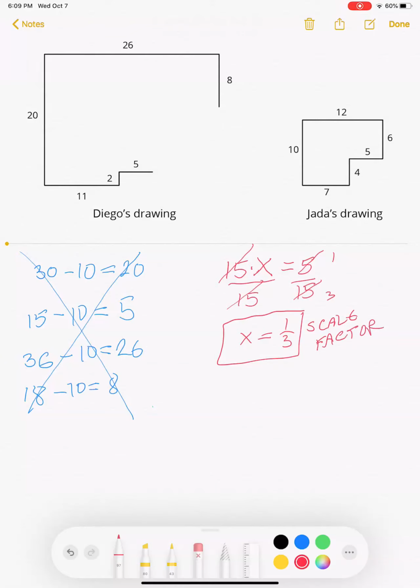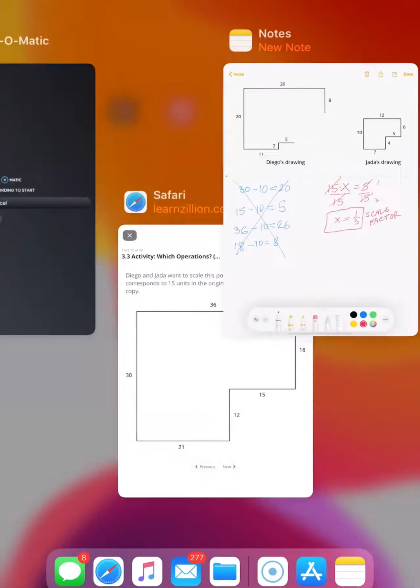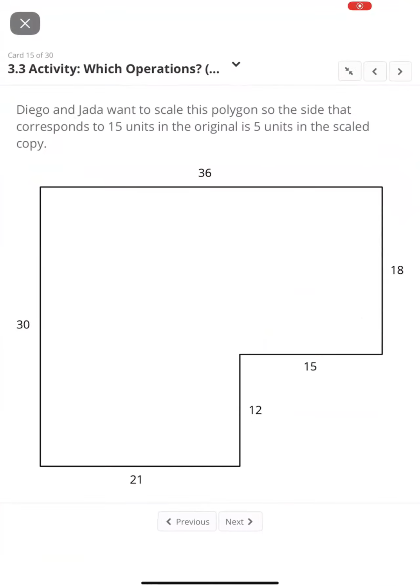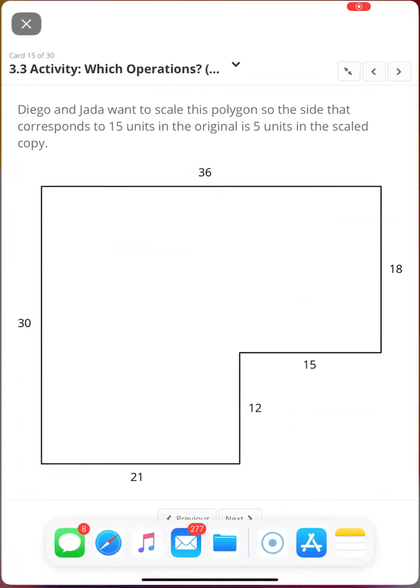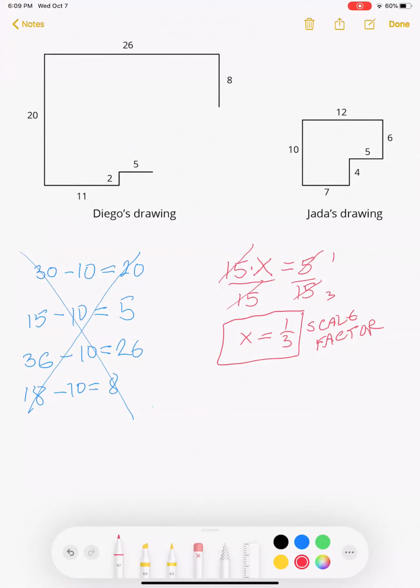Once Jada determined what the scale factor should be, which scale factor will get the side length of 15 down to 5 where we want it to be, she used that scale factor and multiplied every single one of her original side lengths in order to get the side lengths of the scaled copy.